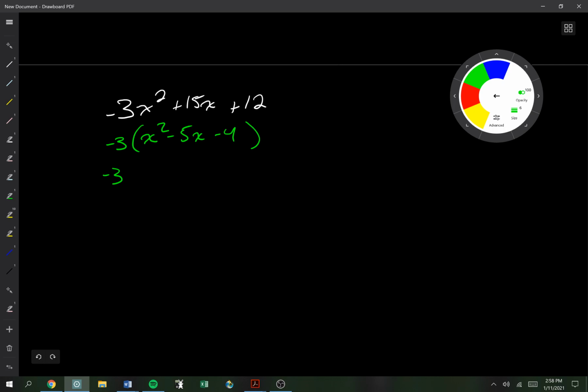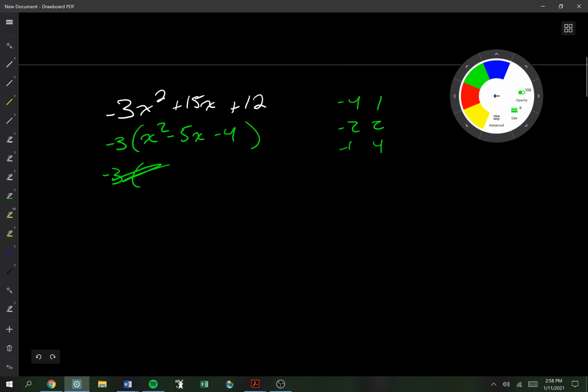And then from there, I would just keep on factoring the stuff inside. This factors into x plus... What does it factor into? I don't think it does factor. Two things that multiply to negative 4 and add to negative 5 don't exist. So this can't factor any further.